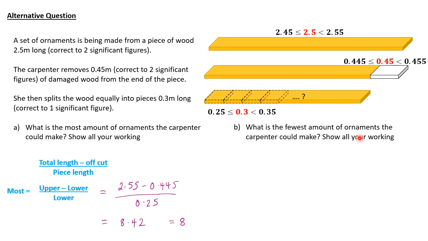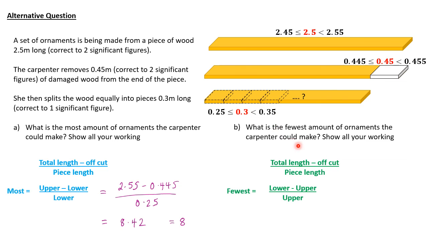So let's have a look at the fewest amount of ornaments they could make. And it's going to be a similar process. The fewest ornaments would be if we have the smallest bit of wood to start, so the lower bound, and I cut off the most, got rid of the biggest bit of damaged wood from the end, and then I made the ornaments out of the biggest sections possible.